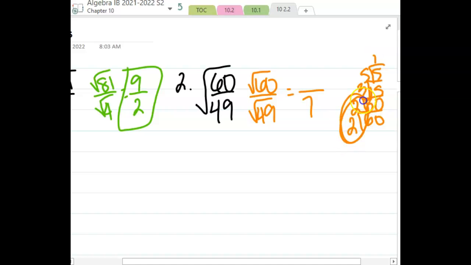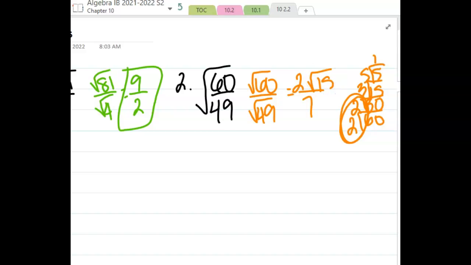So I have a pair of 2's. So the square root of 60 that was in my numerator now turns into a 2 on the outside. And I'm left with a 5 and a 3 on the inside. Remember, those are going to be multiplied together. So 5 times 3, we're going to be left with a 15 on the inside.